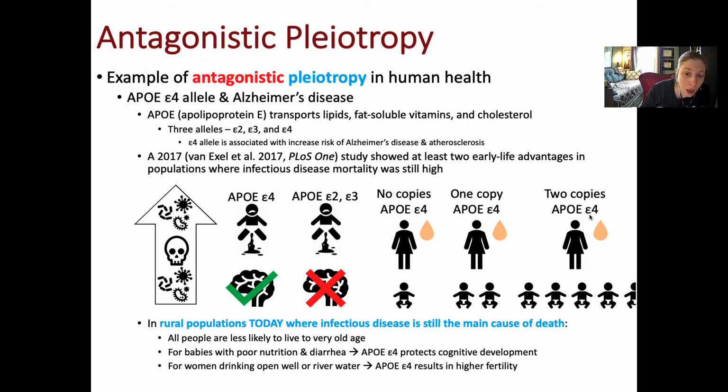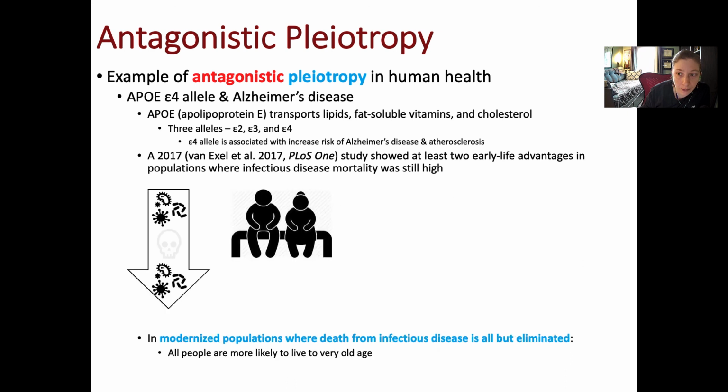And two copies of epsilon 4 allows you to have 3.5 times as many children as someone with zero copies. So this gene somehow helps women have higher fertility in the face of parasites and pathogens. This shows that these genes really do have a benefit in an environment where infectious disease is still your primary cause of death.